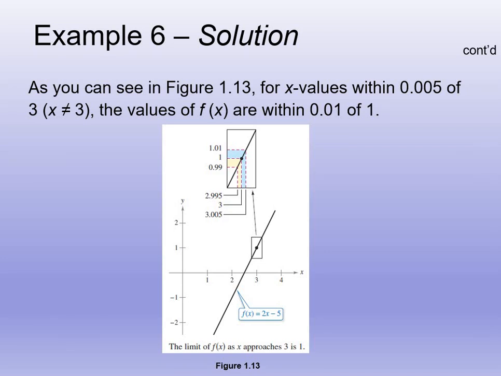So our x values associated with those y values were 3.005 when we were at 1.01, and 2.995 when y was 0.99. So we had to find out what that delta was, and that's why delta is 0.005. Hopefully taking a look at the graph helps explain this.